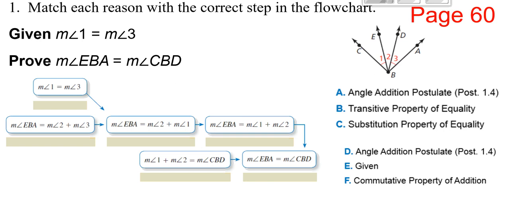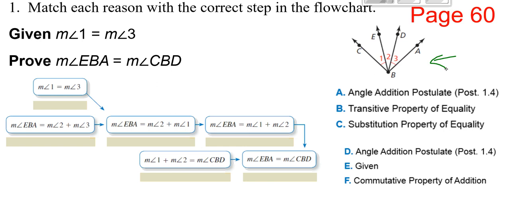Again, we're just matching the reasons with the corresponding steps. Here we have this diagram, where angle 2 is in between angle 1 and angle 3, and angle 1 and angle 3 are congruent.